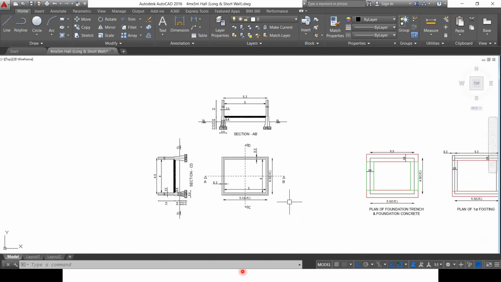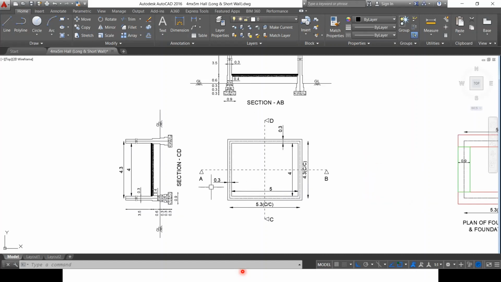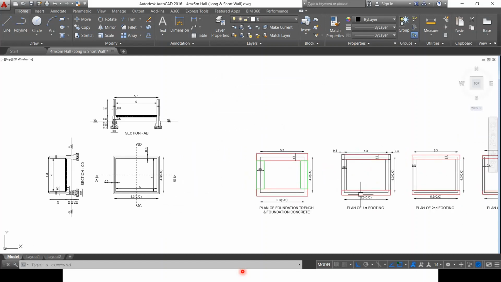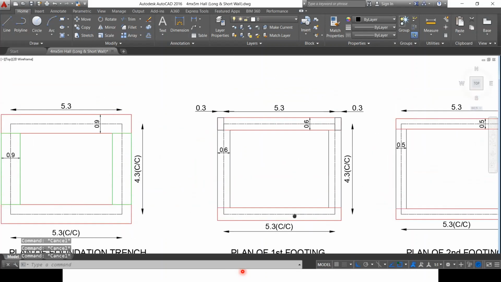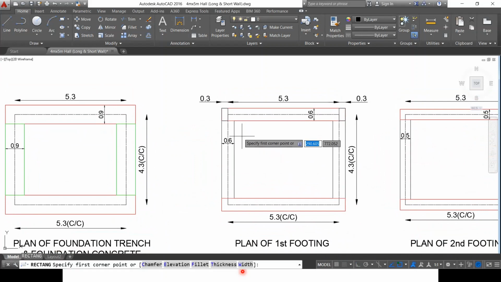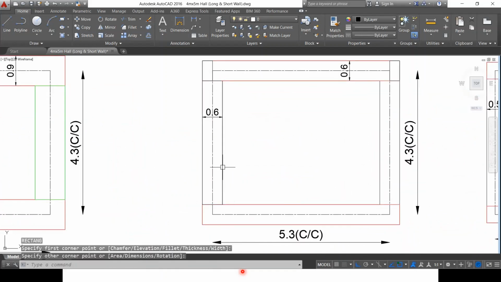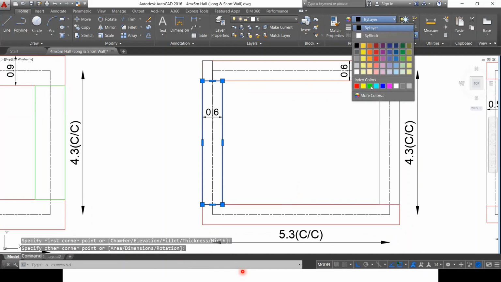So what I have to consider is the width and depth are going to remain the same as in the case of long wall, but we should be careful in the calculation of length. So the plan of first footing is already here, and we are already done with the calculation of long wall. So let me do the calculation for short wall now.